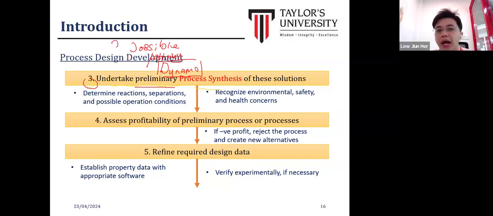At least we must come up with 2 different possible pathways to produce the product that we want. Then only can we compare to see which pathway, which reaction, we prefer to use for the chemical plant design.